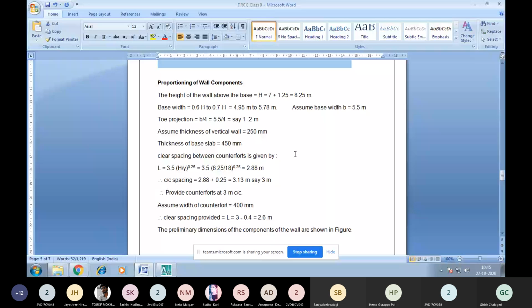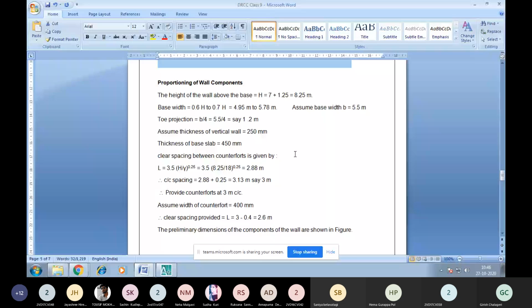So 3.5 times 8.25 divided by 18, raised to 0.25, the clear span between the counterforts will be 2.88. We are assuming the thickness of the counterfort as 400 mm. So the spacing between the counterforts will be 2.88 plus 0.25, the thickness of the stem, which gives 3.13. Let us say we are providing the counterforts at a distance of 3 meters center to center.